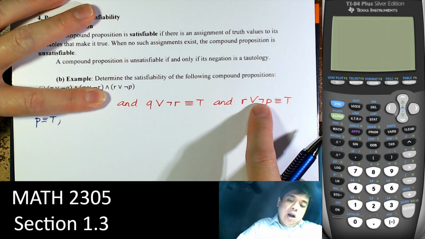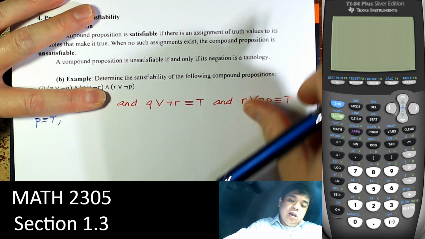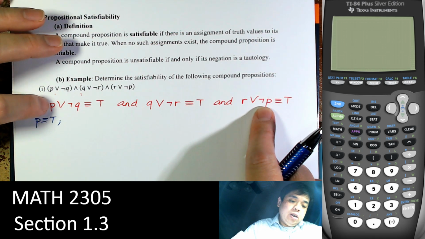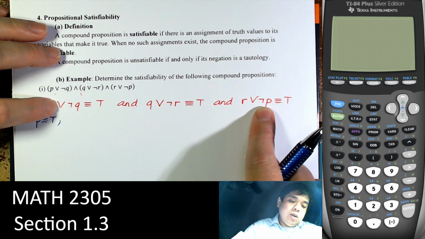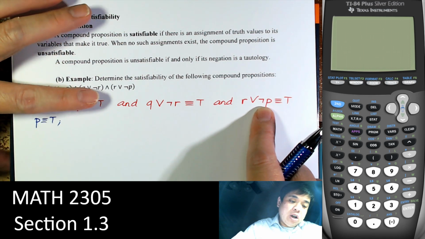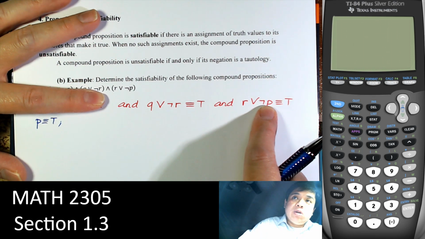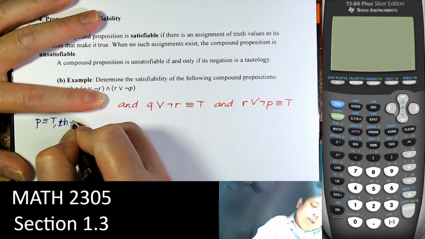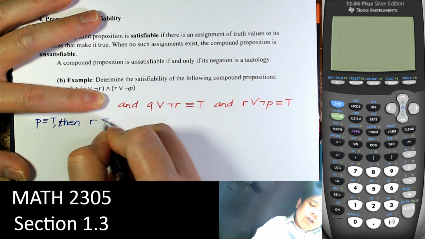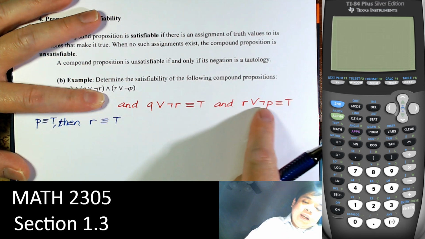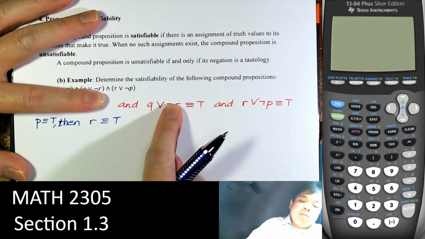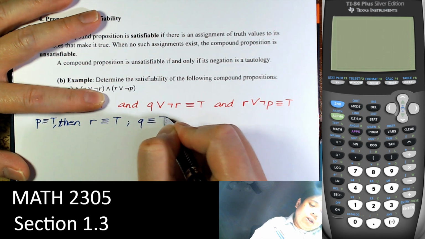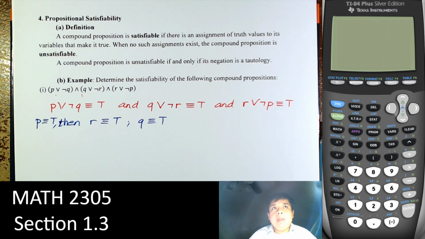Then R has to be true, because if P is true, then not P is going to be false. In order for this to be true, R has to be true. If R is true, then not R is going to be false. And for this to be true, Q has to be true. So that would come up with an example.